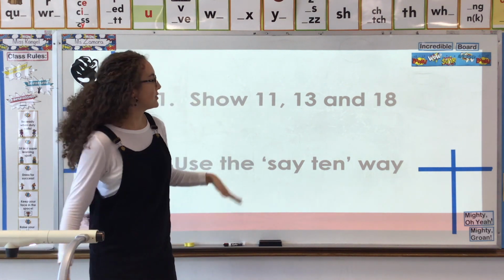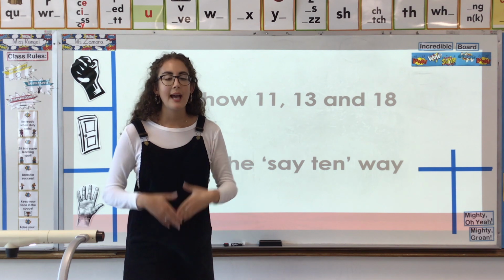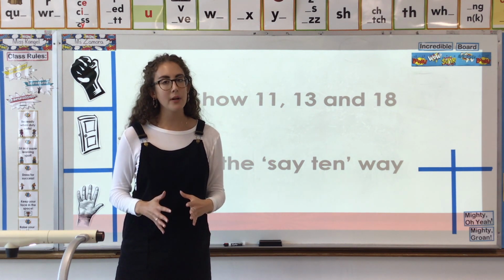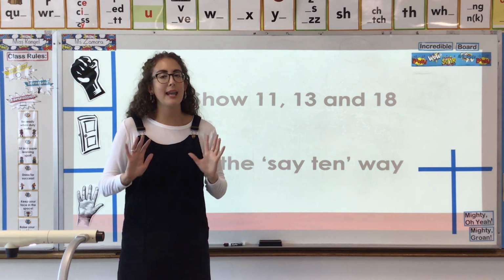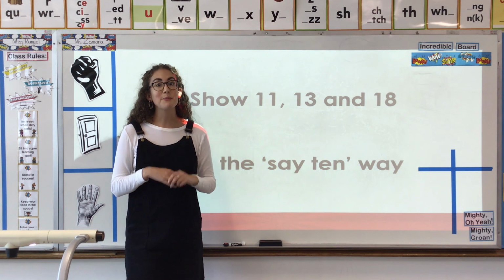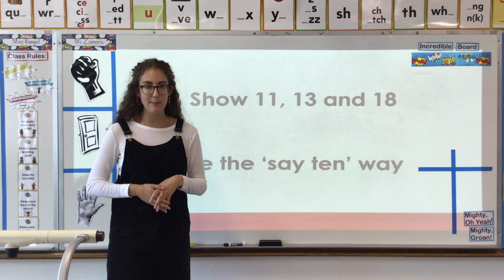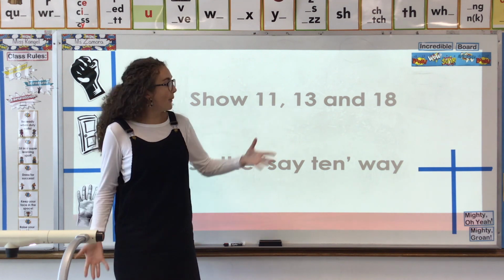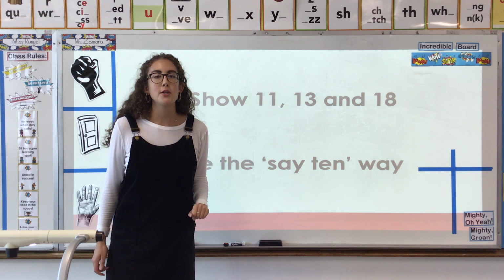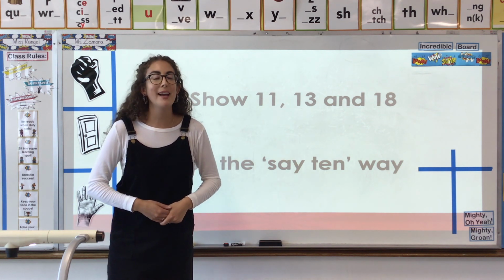So your job is to show me these 3 numbers and say out loud how you would name that number using the Say 10 math language. This is going to be really great practice, and you'll be able to see the number as you're naming it. So go ahead. Let's see 11, 13, and 18 using our brand new super math language. Okay, get to work.